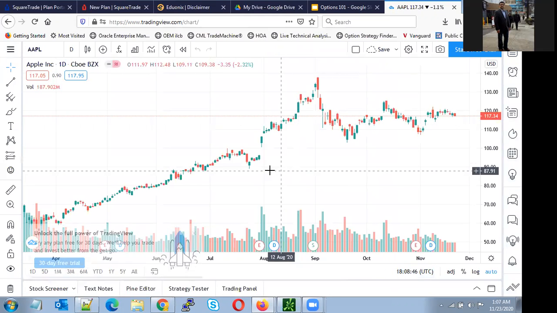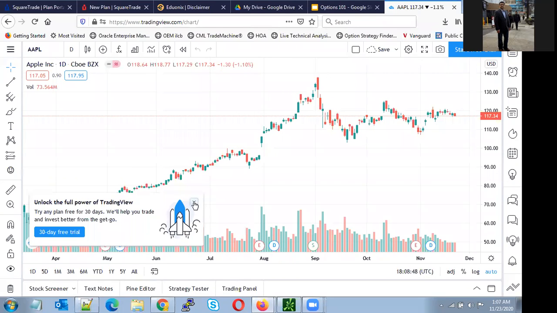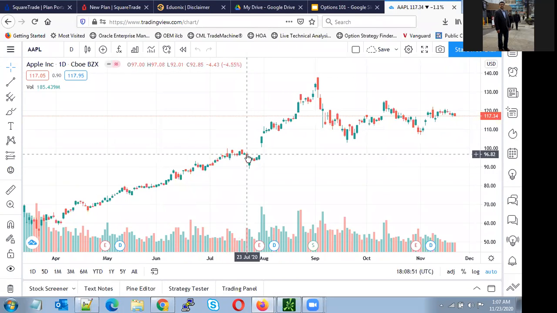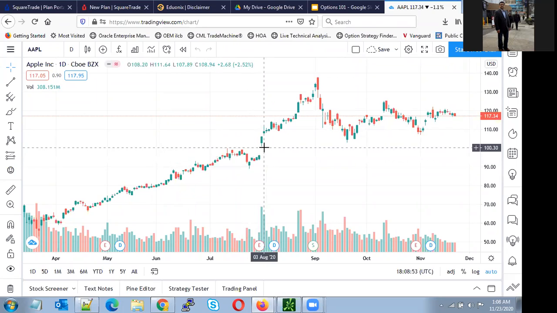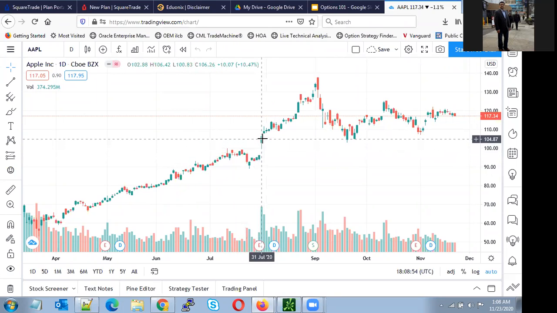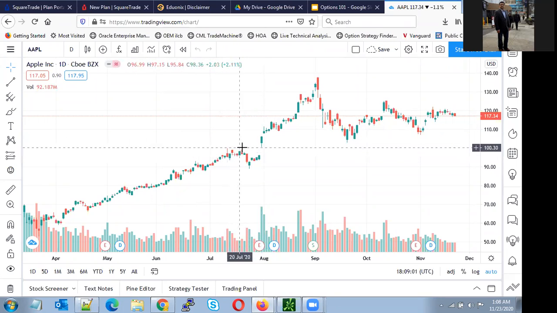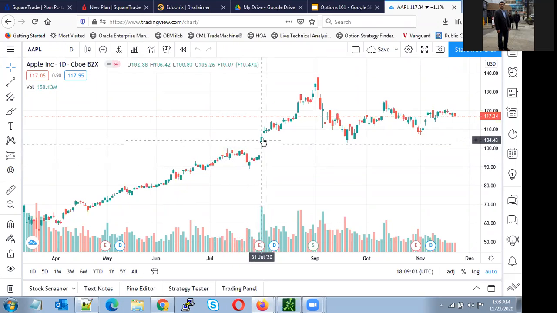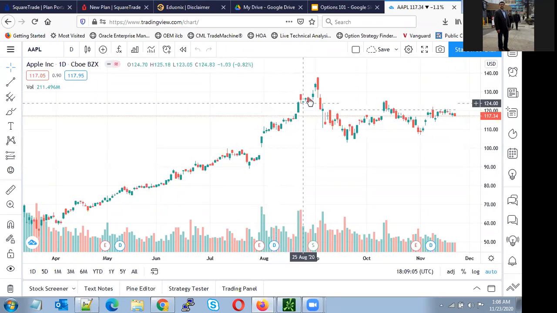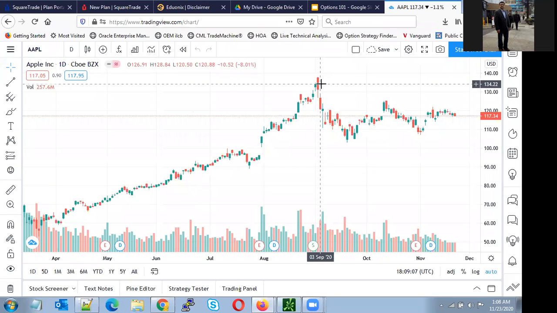So whenever it goes down and you see a big red candle, you have to wait for a few days, and then this is a gap up. You may be afraid to buy this, yes, but you see it close everything here. So this is the experience. You can buy this one.